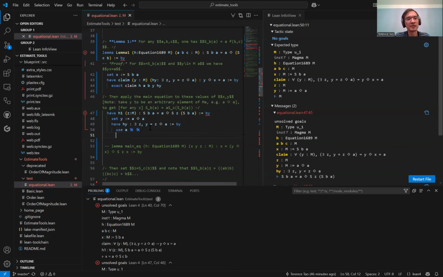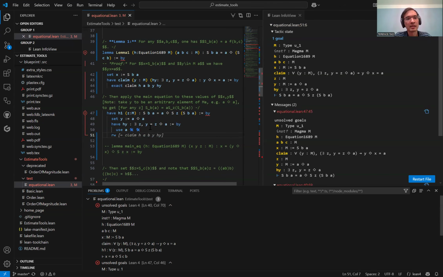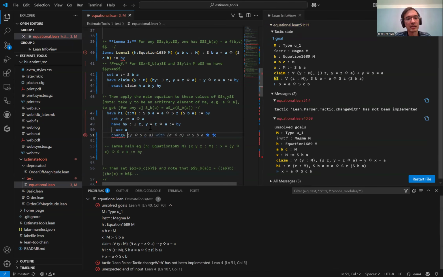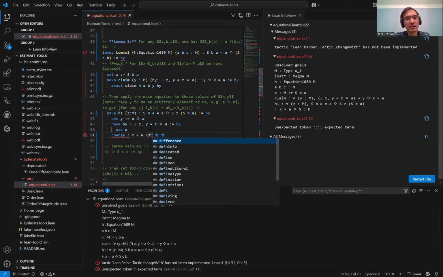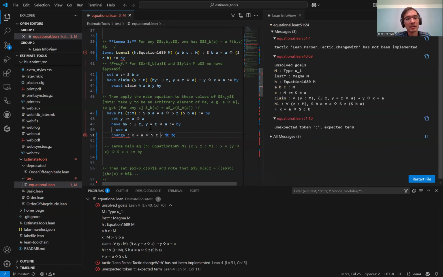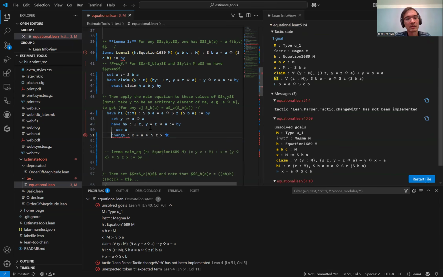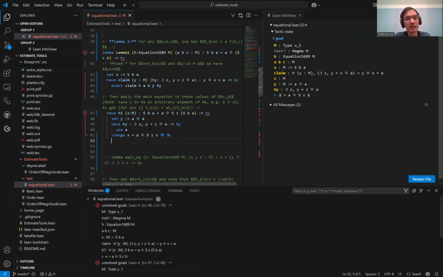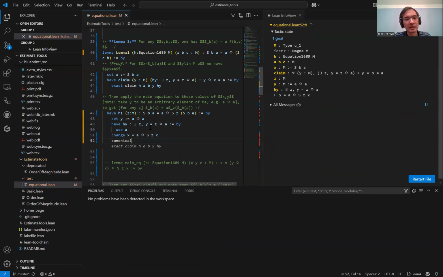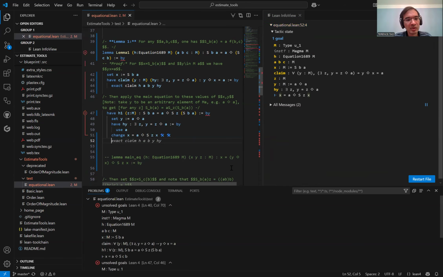So let's first of all change like that. Okay, well, first of all, does that help? No, that's not what I want. It's supposed to equal main equation.